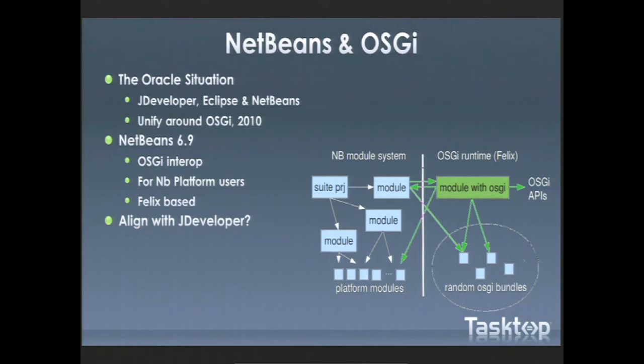So I convinced our management that the main theme for NetBeans 6.9 should be OSGi interoperability. And we were not using the OSGi in NetBeans for our purposes at that time. We just wanted to offer the NetBeans platform users an ability to use OSGi. One of the use cases that we described was interoperability with your web server.